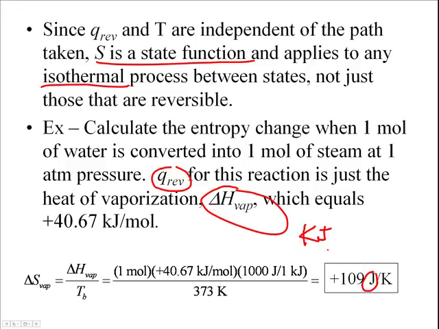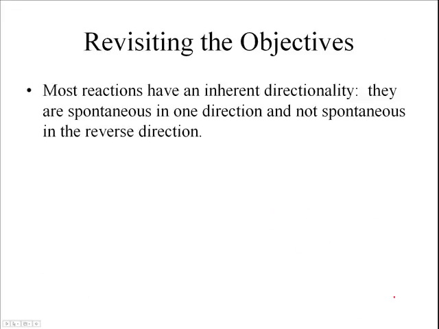You've got to be really careful in that if the units for delta H are kilojoules and your units for delta S are joules, those don't combine. You either have to convert your kilojoules to joules or take your joules in the entropy and change them to kilojoules. Okay, we haven't gotten to that equation yet, but that is certainly a common error that students make, is they mix up their units like that.